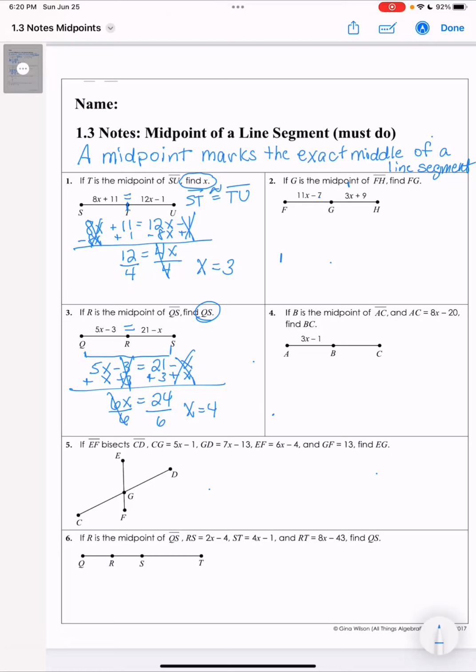Since we're asked to find what QS is, I'm going to take the 4 and plug it into one of these equations up above. If I take 21 minus x and I put 4 in for x, it'd be 21 minus 4. So then I have 17 as that one side. But we know that the two sides are equal, so this is also 17. So QS is going to equal 34.